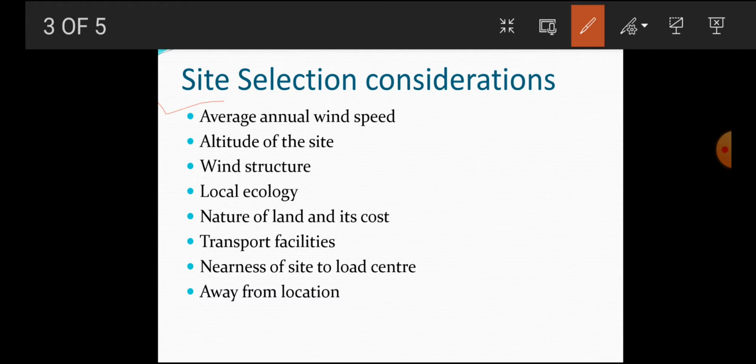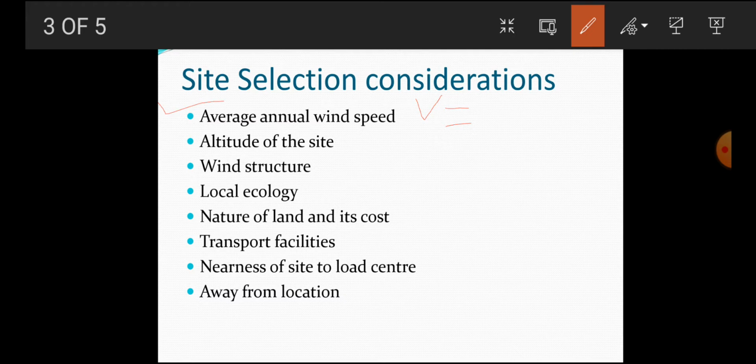Therefore the main consideration for locating a wind power generation plant is the availability of adequate and uniform average wind velocity throughout the year, not on particular days or months. So the wind velocity is a very critical parameter.